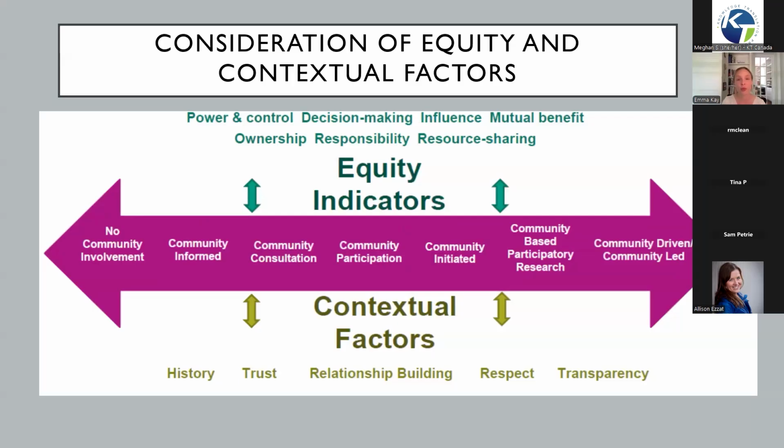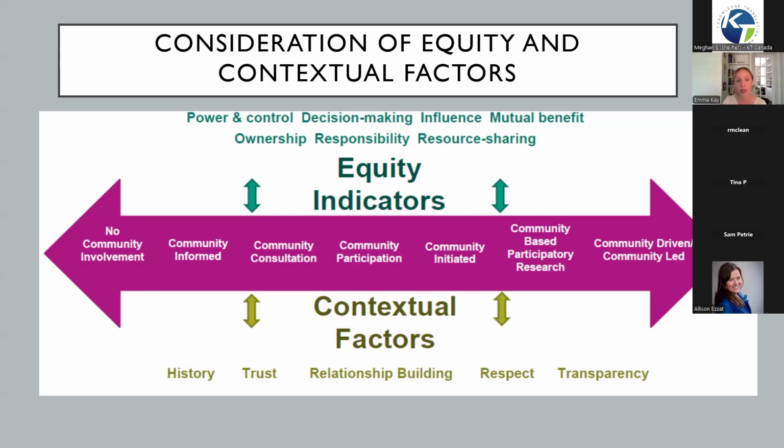The other thing to remember in this continuum is all of these factors that inform community engaged research. When you're working with people in the community, people with lived experience, you have to think about power and control, which is really important. A lot of times communities we work with have been marginalized, and some have been mistreated by researchers.